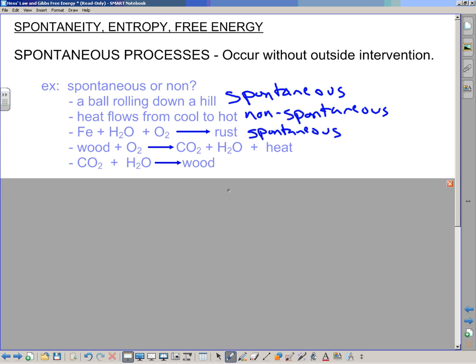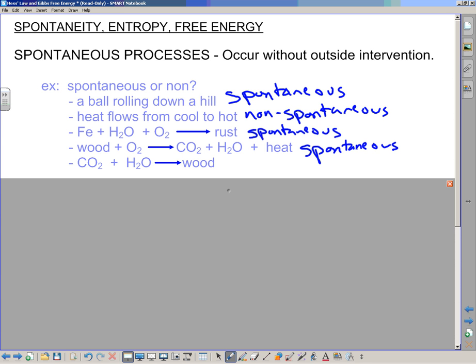So we consider that energy that we put into that system initially part of the system. Because once that energy is in the system, the reaction will continue spontaneously. I will not have to continue to put energy into the system to keep it going. Does that make sense to everyone? Because that's the trickiest one up here. So we consider this to be a spontaneous process.